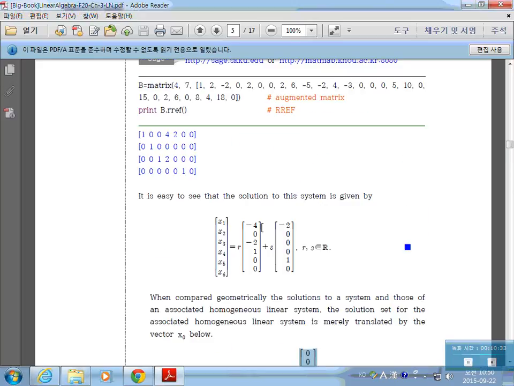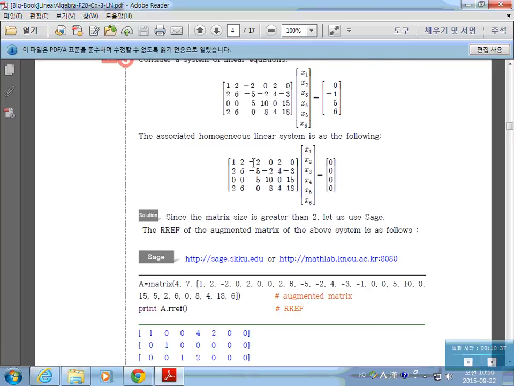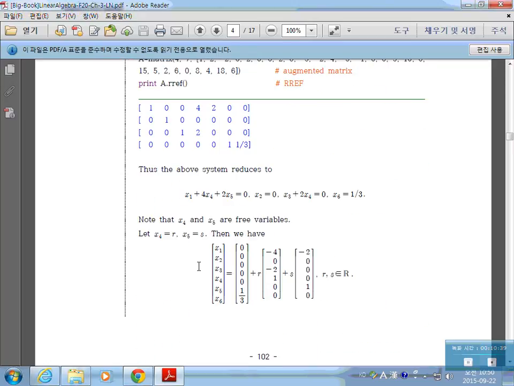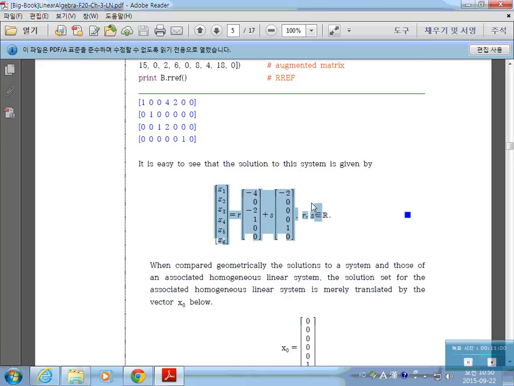As you see here, this was the solution for the non-homogeneous system of equations. This set of vectors plus this non-zero vector, and here this is the solution set for the associated homogeneous system of linear equations.